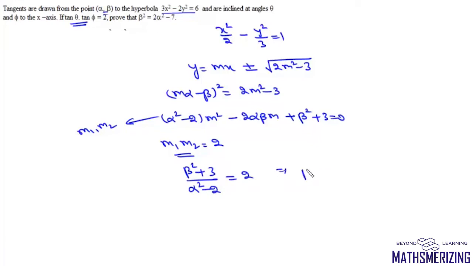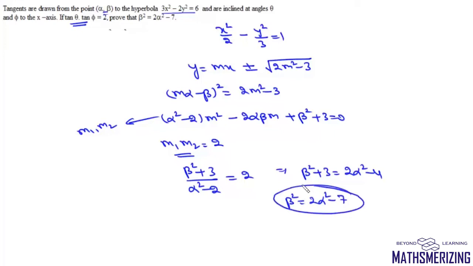So from here we'll get beta square plus 3 equals 2 alpha square minus 4, that is value of beta square must be 2 alpha square minus 7, and that is the result which we are looking for.